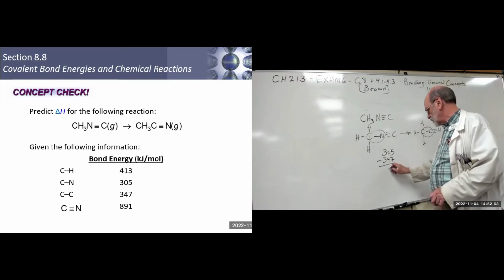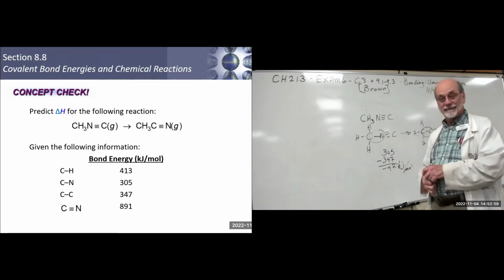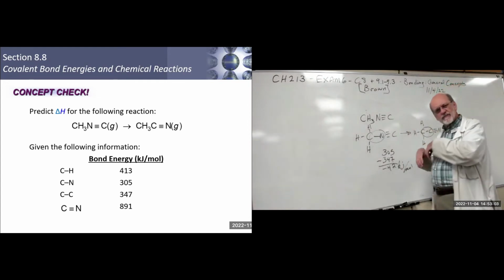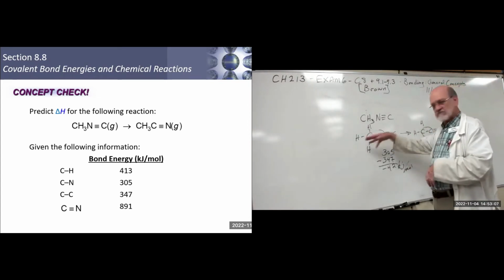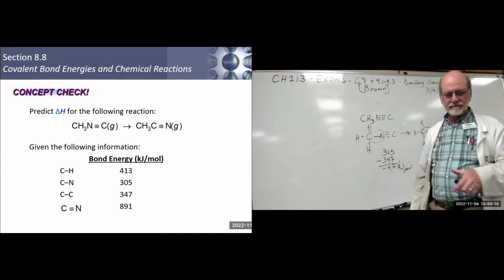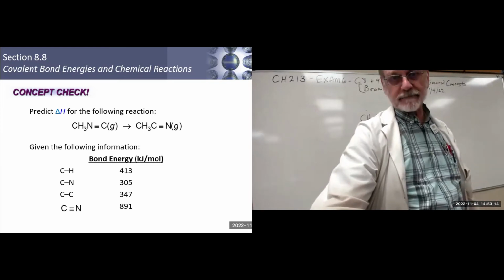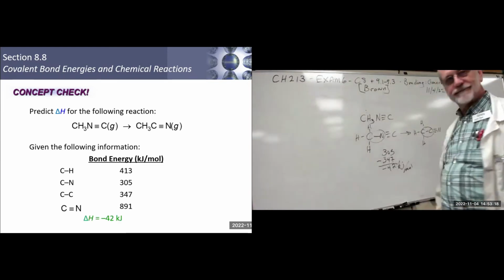We get negative 42 kilojoules per mole. Now, if you have a bunch of different bonds, or if the molecules are really complex, you may want to be methodical about it and just do it. But when we can make it simpler, I always do that. Negative 42 kilojoules.